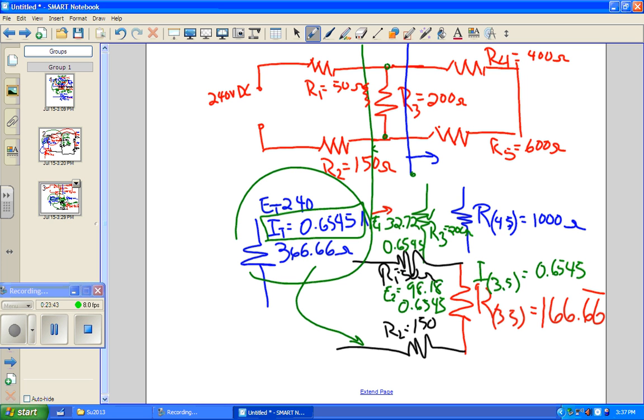What's our voltage drop across R3 through 5? 166.66 times 0.6545. Somebody? Anybody? 0.6545 times 166.66666. What is it?